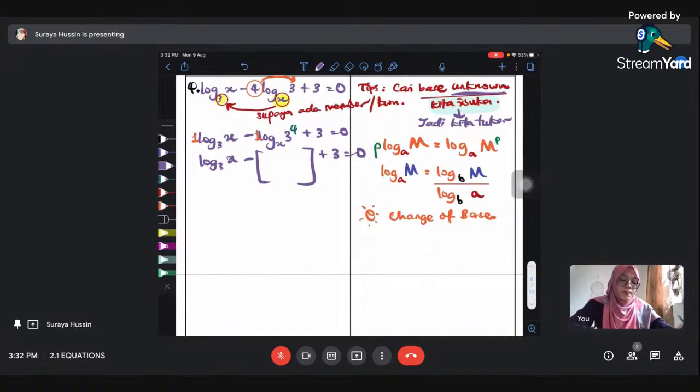Saya buat rangka dulu ya. Plus 3 equal to 0 is remaining the same. But this is where we want to change our base.